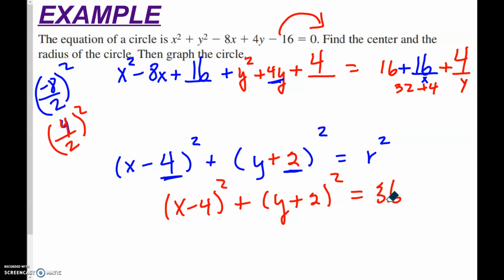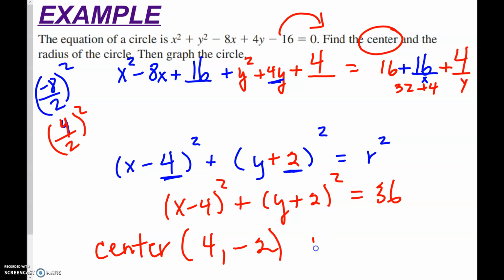So let's go back to the 2 questions, and they want to know the center. So the center of this circle is going to be at 4, negative 2, and then they want to know the radius, and the radius of this is going to be the square root of 36, so the radius is 6.